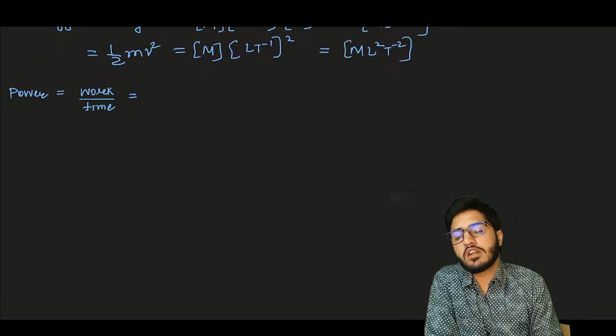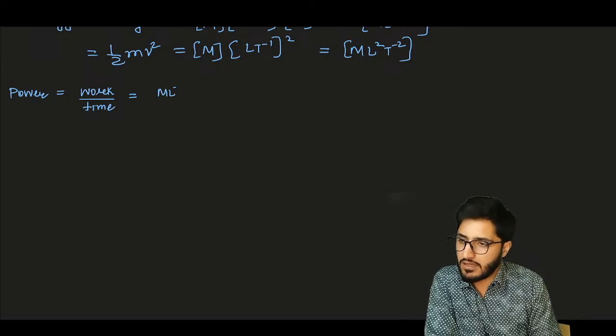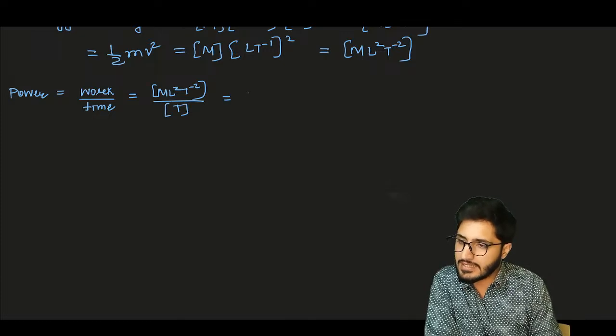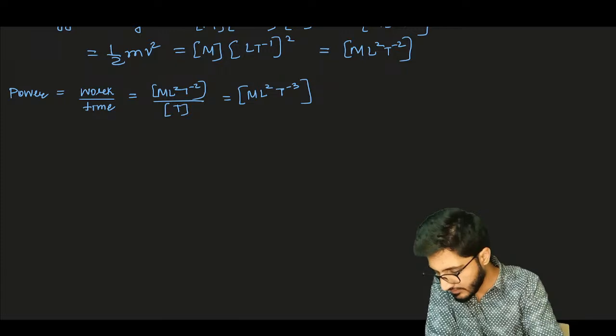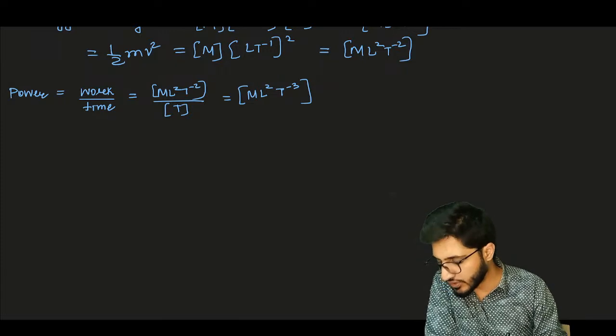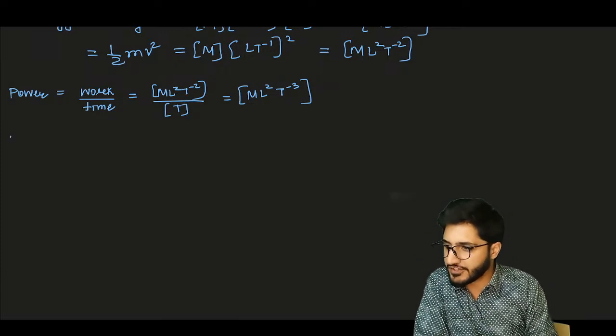What is the dimensional formula of work? It is ML2T minus 2. Time is T. So I can write it as ML2T minus 3.